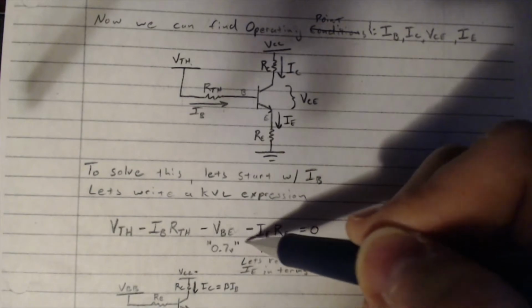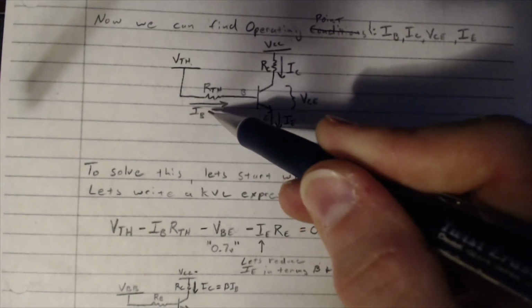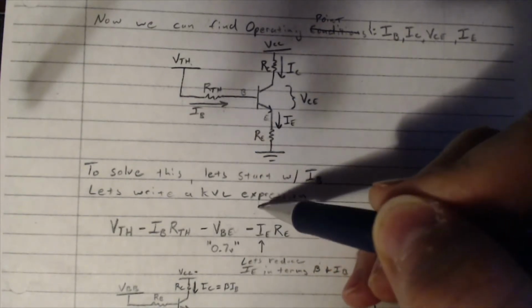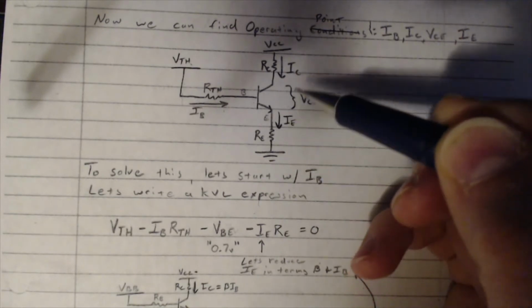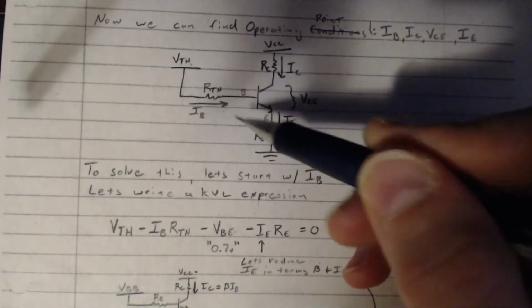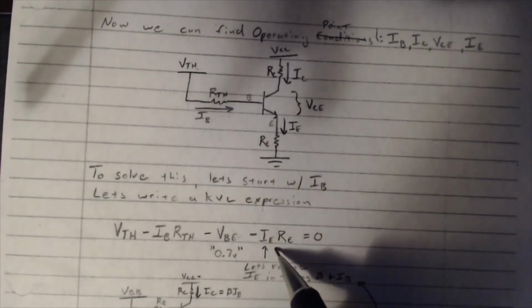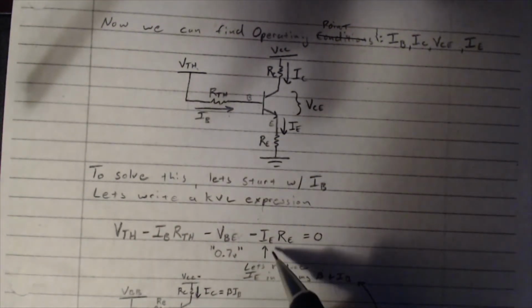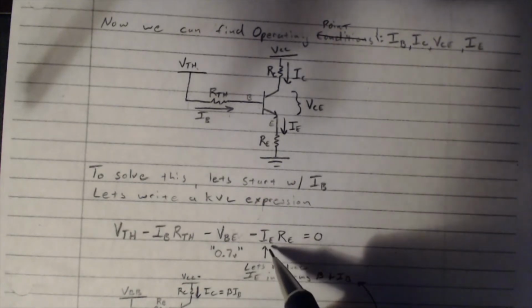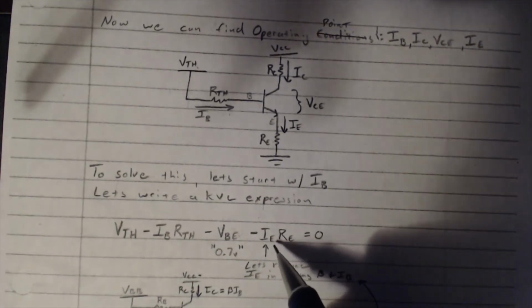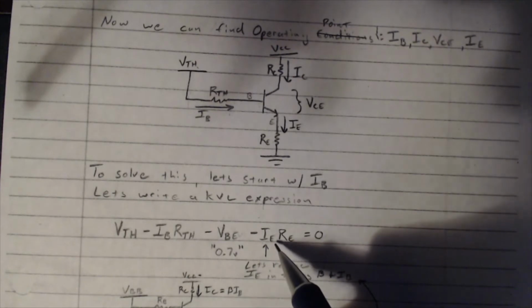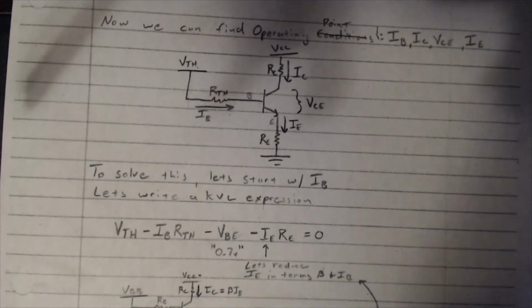But it looks like from this equation, in order to figure out IB, you would need to find IE. But to get IE, we need IC, and to get IC, we need... okay, we've got a chicken and egg problem here. This IE is kind of throwing a monkey wrench into this problem, because to find it, we would need to already know IB. So we need to rewrite IE in some other form that we can get rid of.